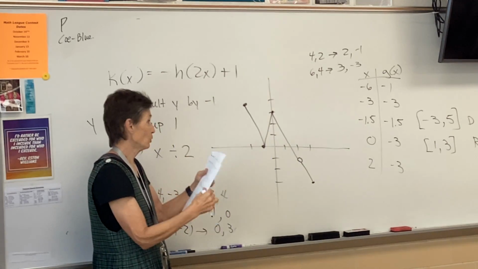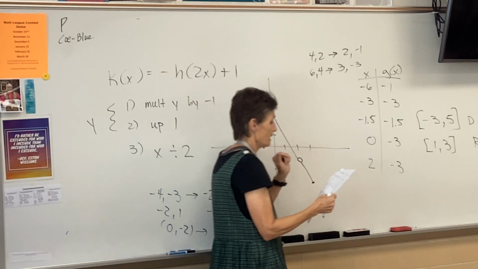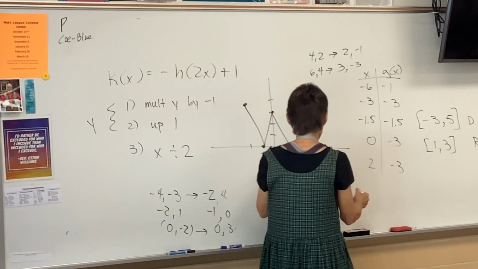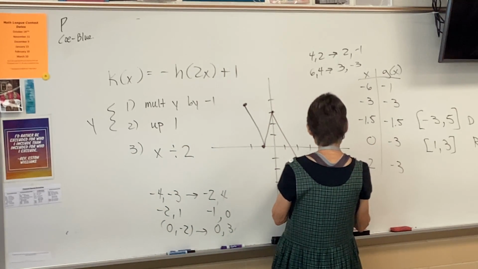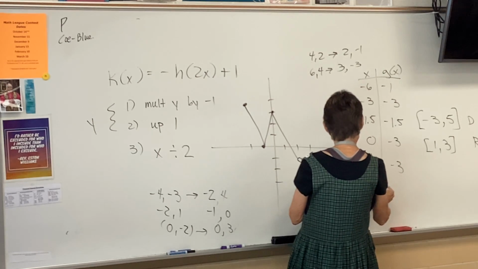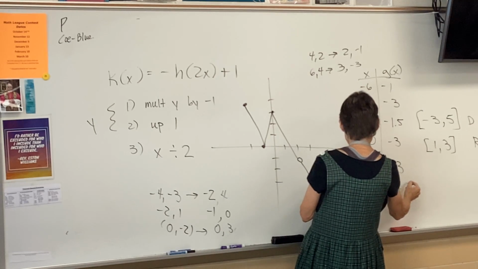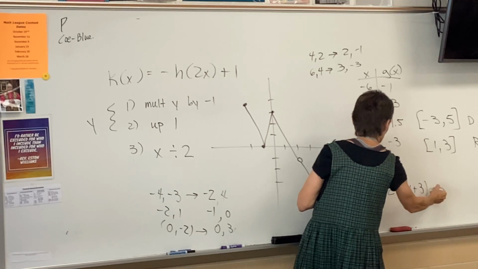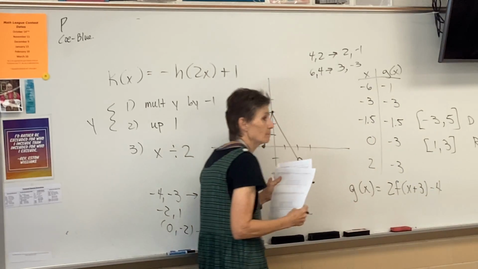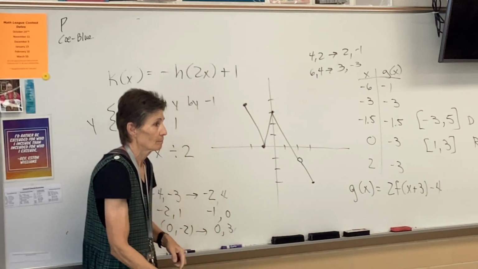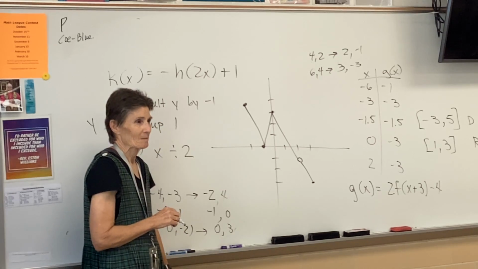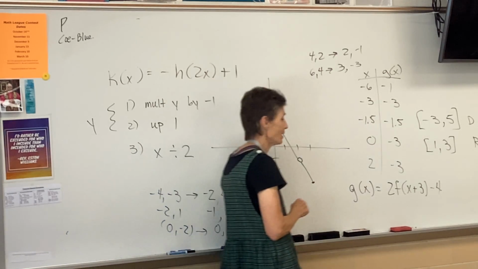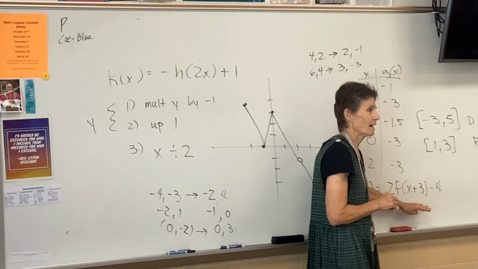Now, without looking at the picture you drew, can you tell me what would be the domain and the range for this transformation? Of course you can, because we know what's happening to our x's.